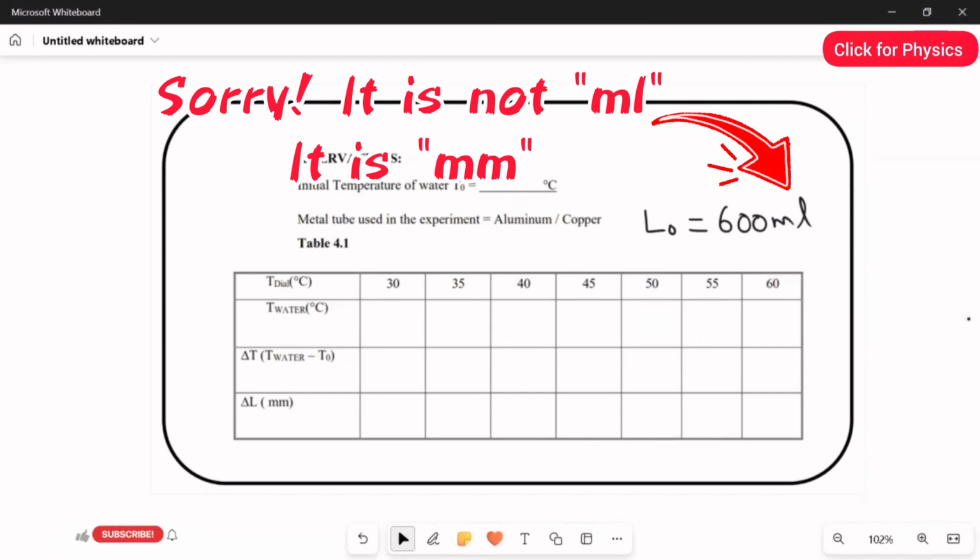So the L naught for both aluminum and copper, we are going to consider as 600 millimeter. Now we have to fill this table. I am going to show you a separate video on how to take the data by using the apparatus. When you see that video, you will get a clear idea how to take the data to fill this table.